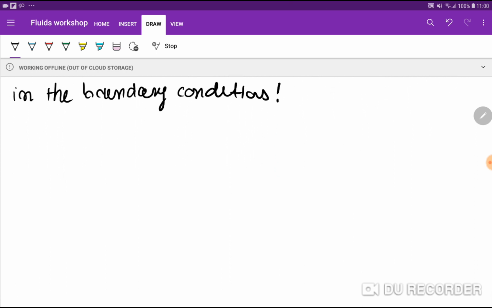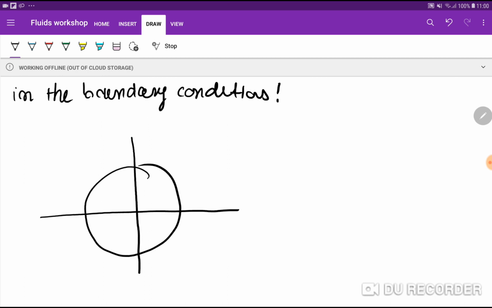Let us draw the circle. So we have y, x. So our velocity, if you recall, is measured in theta direction, right? So let's say at an angle theta here.